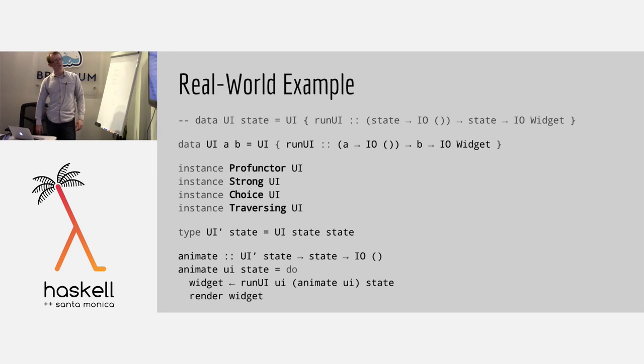Anyway, just really quickly to wrap up, here's a real world example of this put to use. This is a good thing to have in your toolbox as a Haskell developer, because if you can think of any profunctor and you can give some of these instances, then you get lifting operations for free.